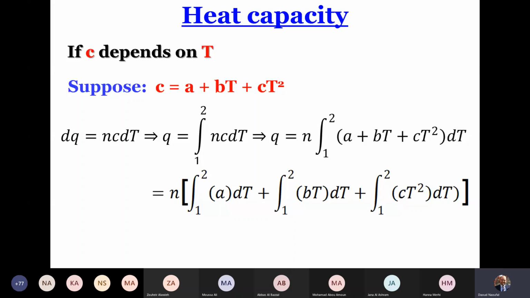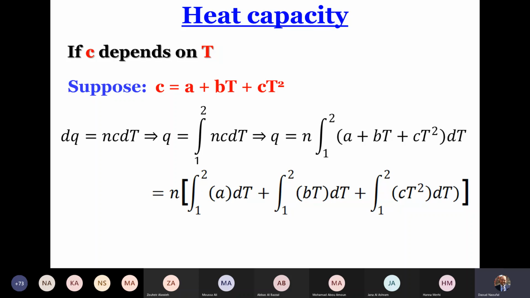So dQ equals NC dT if we are working with the number of moles, or dQ equals MCs dT if we are working with the mass of the substance. Now we have two cases. M or N are constant, the amount is given, and we have two possibilities: C is independent of the temperature, or C depends on the temperature. Some substances have C independent of T, other substances have C dependent on the temperature.